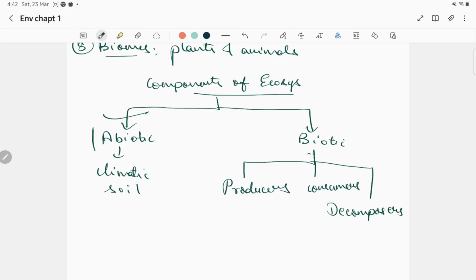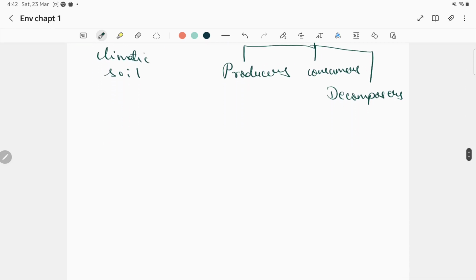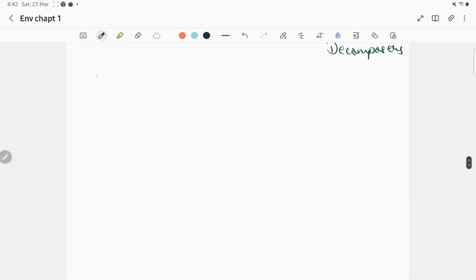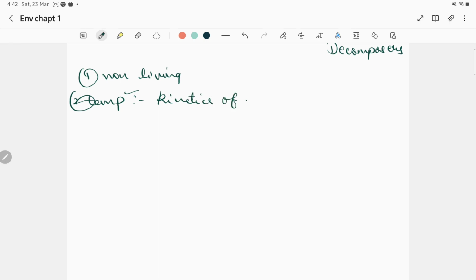First let's see the major abiotic components, the non-living part. Let me take temperature. How do animals react to temperature variation? Temperature variation affects the kinetics of enzymes. This will lead to metabolic variation in organisms.